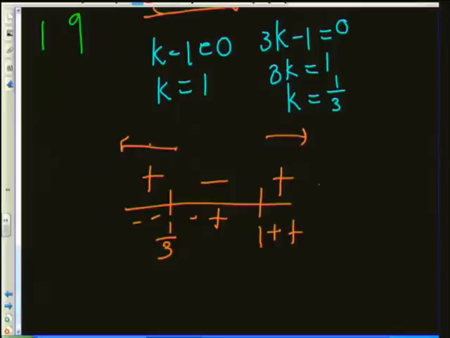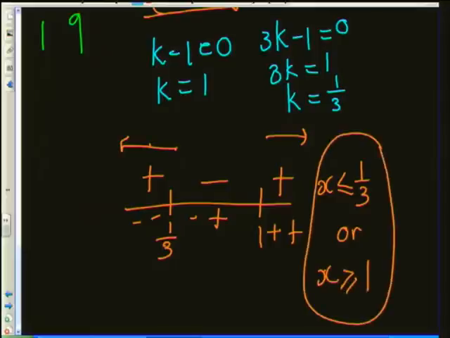So that means that x is less than or equal to, we include the third because we want to know where it's also equal to 0, 1 over 3, or x, if you're looking at the second bit, is greater than or equal to 1. And this here, ladies and gentlemen, is our answer for that question. Right, let's move right along.